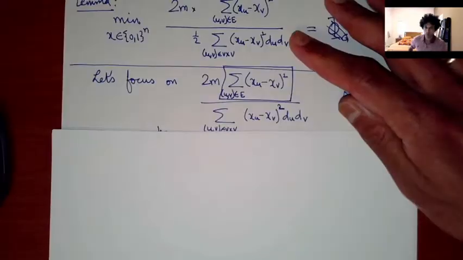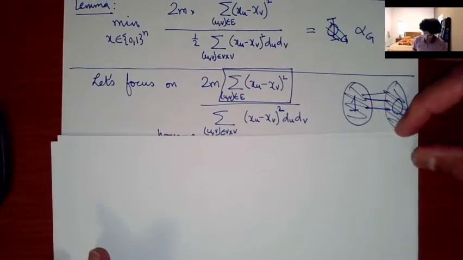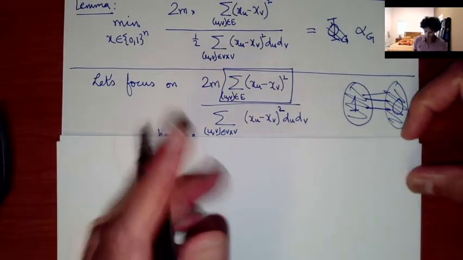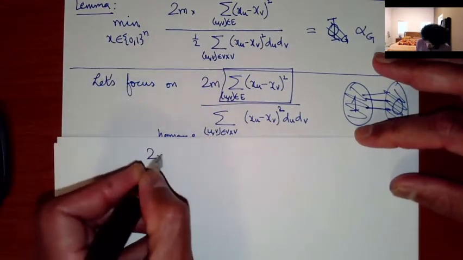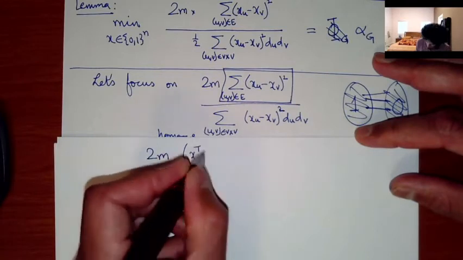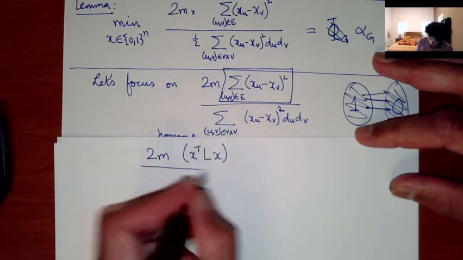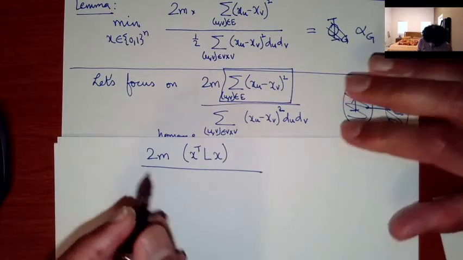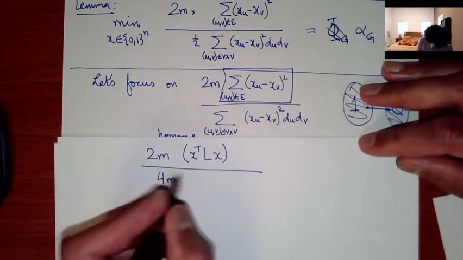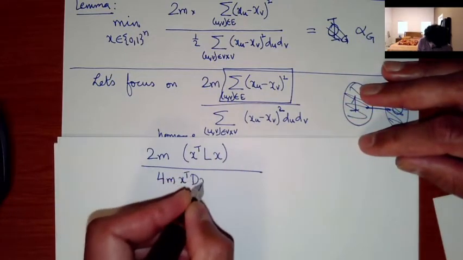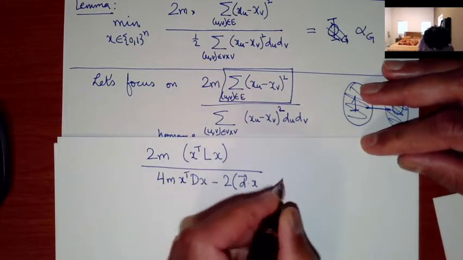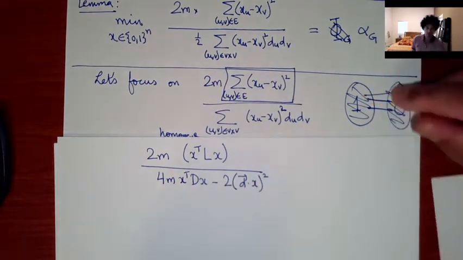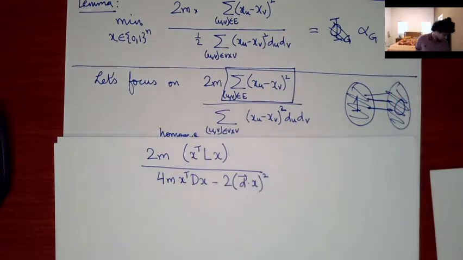Remember that what we had was this quantity here, 2 times m x transpose Lx, divided by 4 times m times x transpose Dx minus 2 times the dot product of d and x, squared.